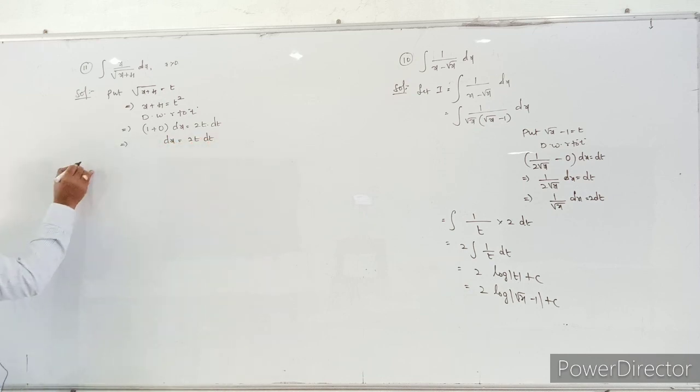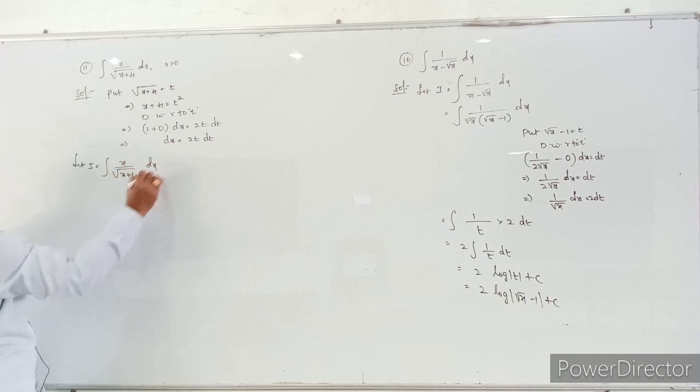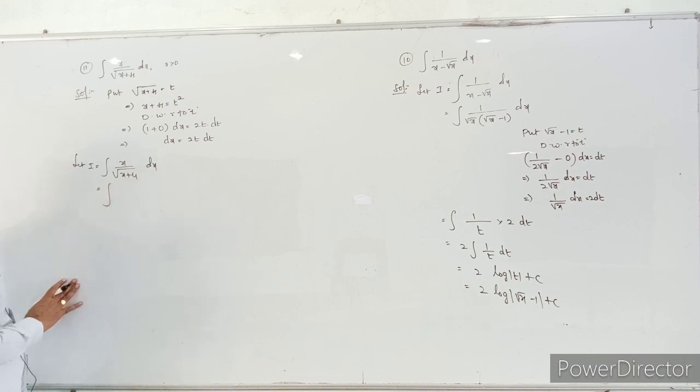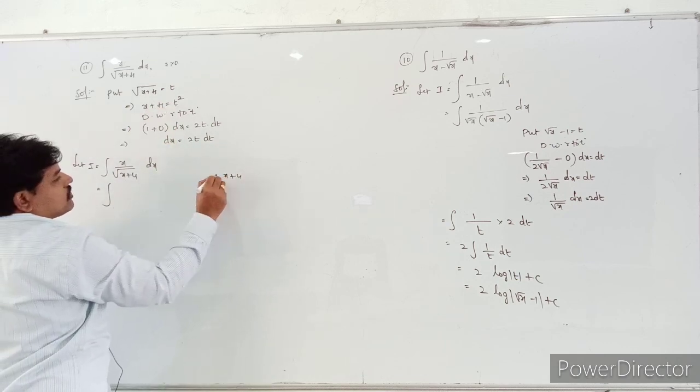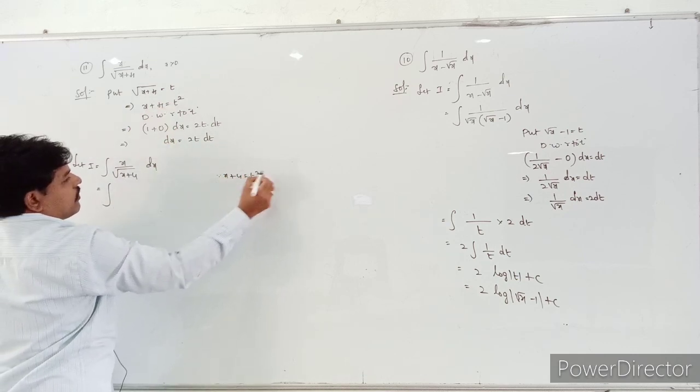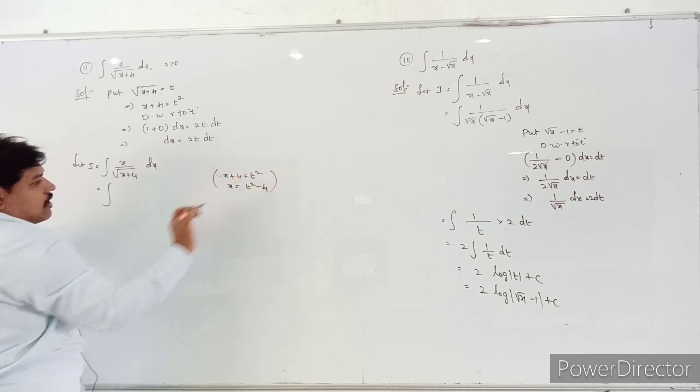Take the problem, let I is equal to integral of x by root of x plus 4 into dx. That is equal to integral of, see students, since x plus 4 is equal to t square, x value will become t square minus 4, yes or no?